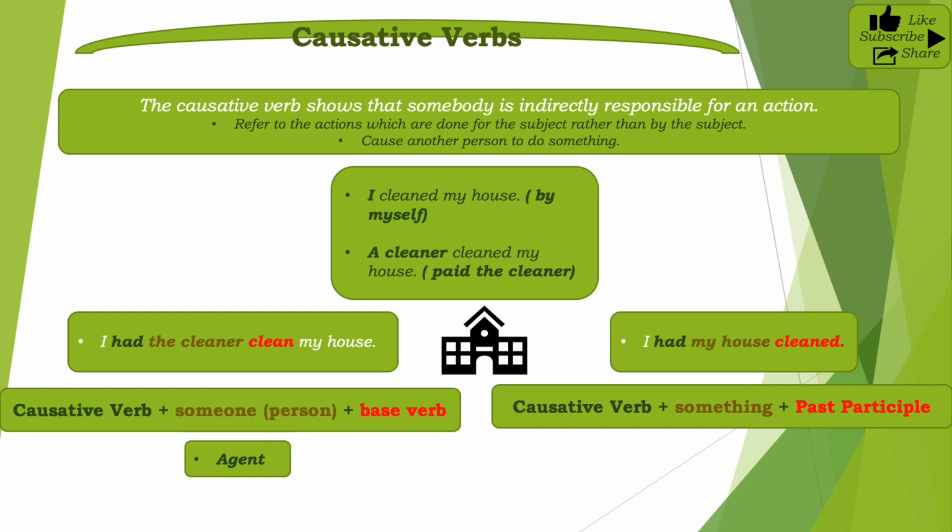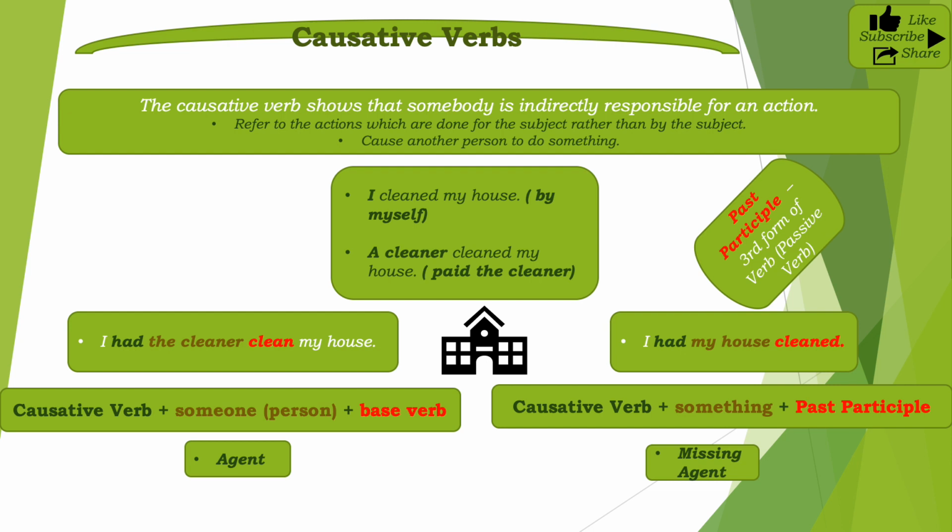So the structure in the second sentence is causative verb plus something plus past participle. Past participle means third form of verb. So here in this second sentence, we have that agent missing, that is the cleaner.